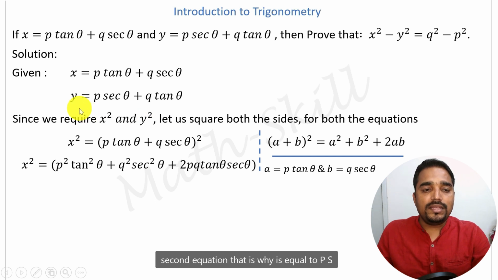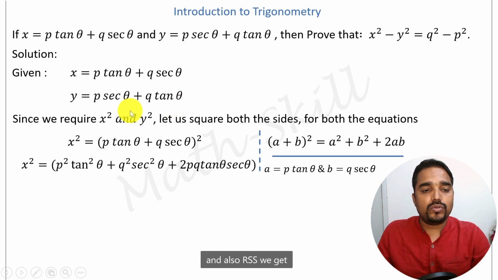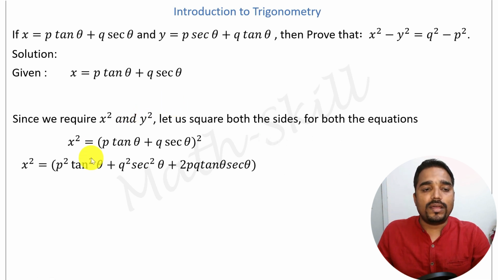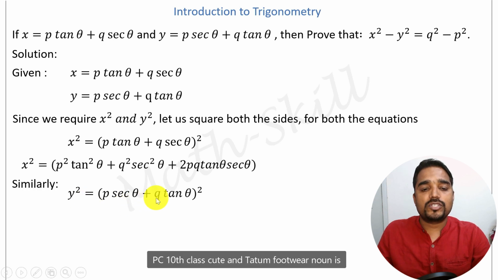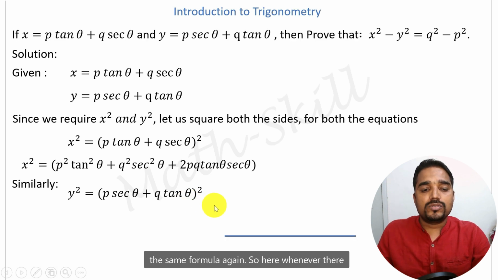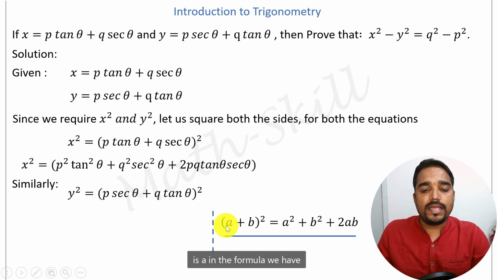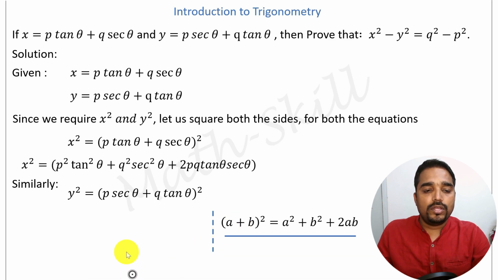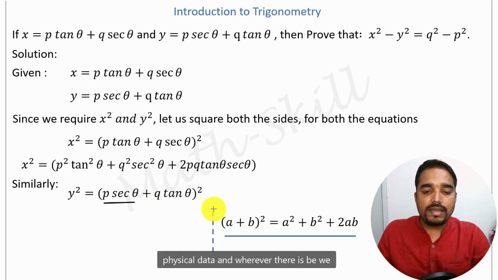Similarly, let us square the second equation, that is y is equal to p secant theta plus q tan theta. On squaring both LHS and RHS, we get y square is equal to p secant theta plus q tan theta whole square. Now this also looks like a plus b whole square. Applying the same formula again, wherever there is a in the formula, we have p secant theta, and wherever there is b we have q tan theta.